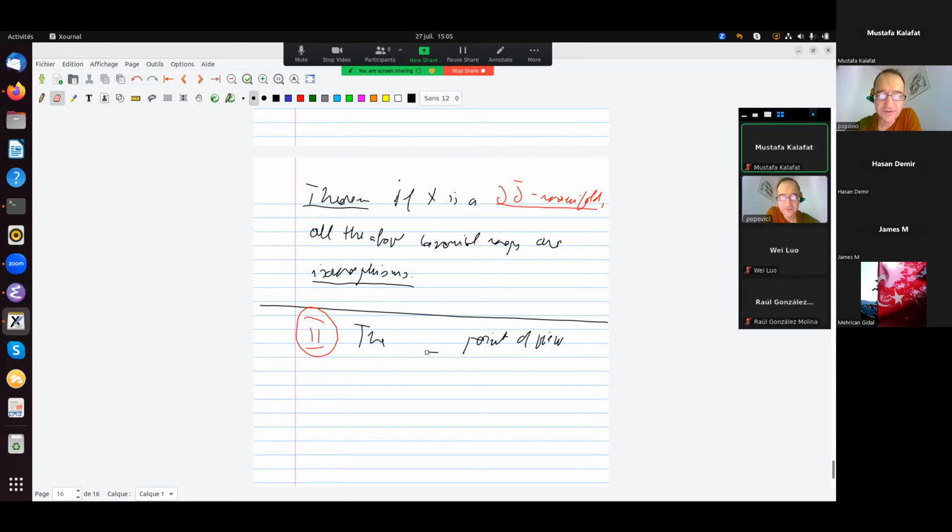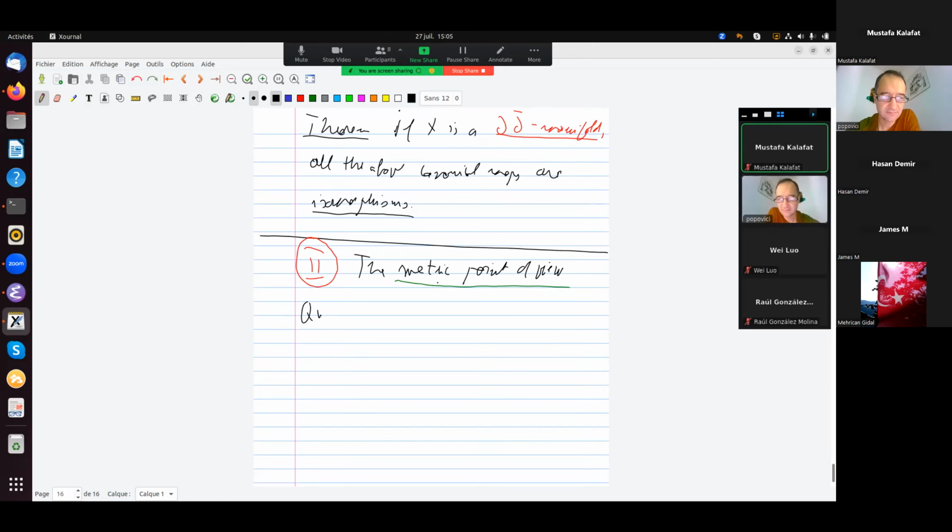In other words, we want to know whether the existence of a certain metric on the manifold produces the properties that we saw in the D-bar case above. So the question is, does there exist any class of metrics on X such that, guaranteeing that X is a DD bar manifold?